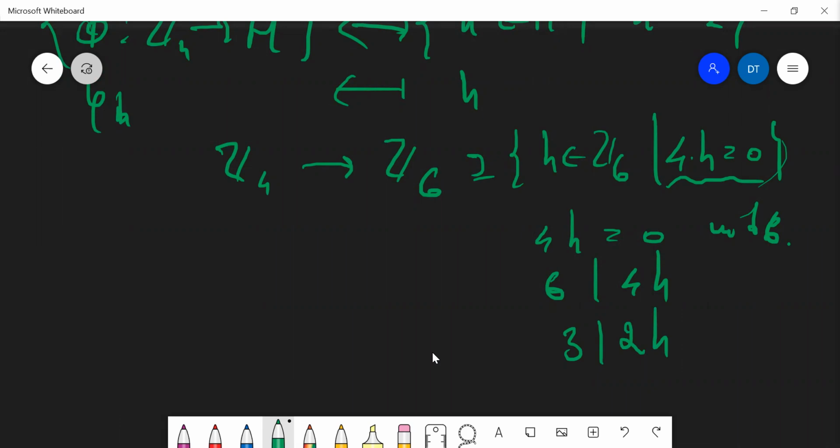And since 2 and 3 are coprime, this is exactly the same as 3 divides h. So as we can see, the elements satisfying this condition are exactly the elements divisible by 3. And here are 2 elements of this form, 0 and 3. So this set consists of 0 and 3.